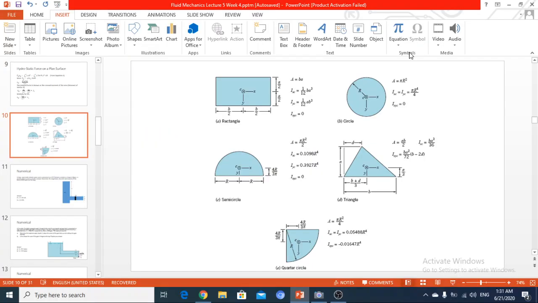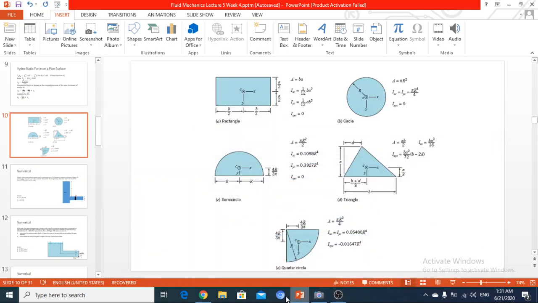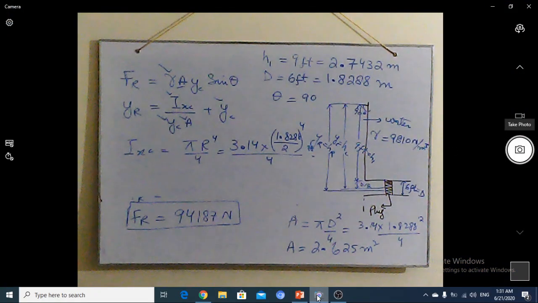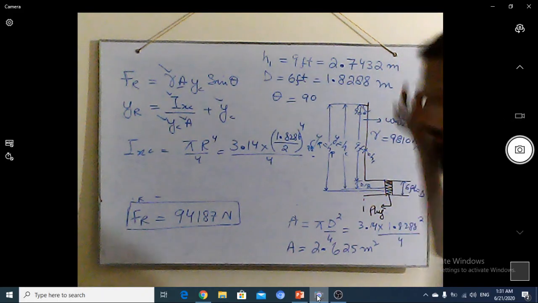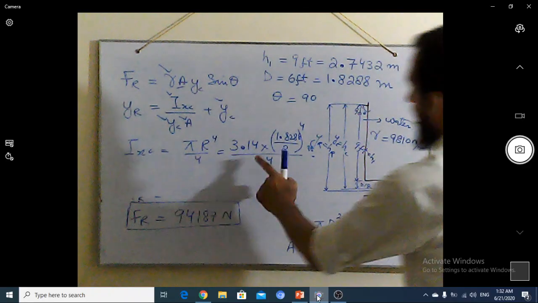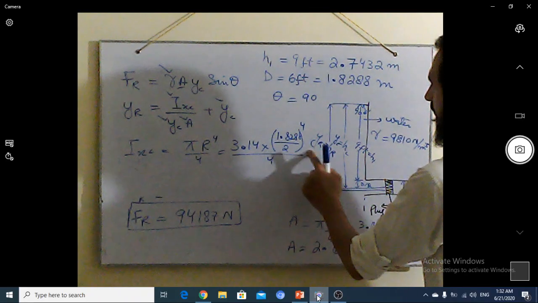So these are the formulas which you need to use. And here you can see d divided by 2 whole power of 4.